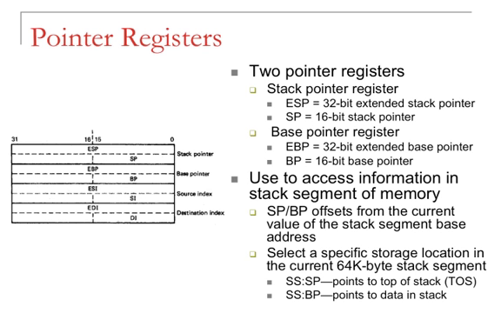But this value will tell me how far I should go from 0 to get to that piece of data. This SP and BP are specific for the stack segment. You don't use SP or BP for the code segment or other segments. So that's one special thing about the SP and BP pointer registers. They are specific for the stack segment.